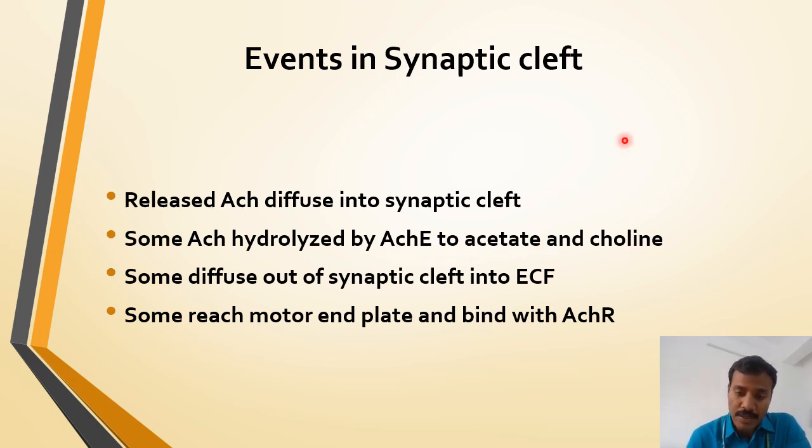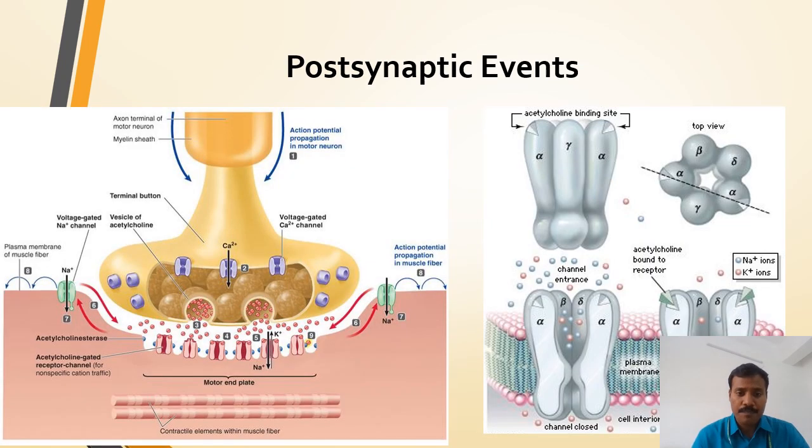Choline can be reuptaken into the presynaptic terminal for the synthesis of acetylcholine, and acetate diffuses into the extracellular fluid. Some acetylcholine also diffuses out of the synaptic cleft into the extracellular fluid, and some reaches the motor end plate and binds with nicotinic acetylcholine receptors and participates in the neuromuscular transmission.